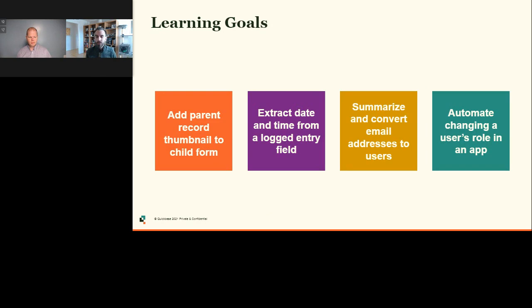So again, with this being a workshop, we do have some learning goals that we would like to share. Hopefully coming out of this session, you'll be pretty comfortable or at least have an understanding of the formulas that we'll be creating today. The first two I'll be walking you through, and then I'll pass it over to Eric and he'll do the last two. But the first learning goal is adding a parent record thumbnail to a child form.